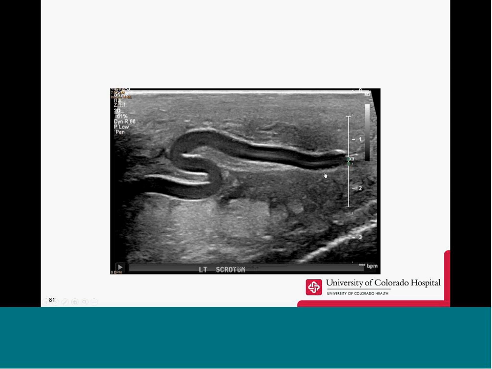This is another cine clip showing a dilated pampiniform vein here, measuring greater than the 3 millimeters. No flow with Valsalva. That's what this image was going to show as Valsalva maneuver. No reversal of flow.